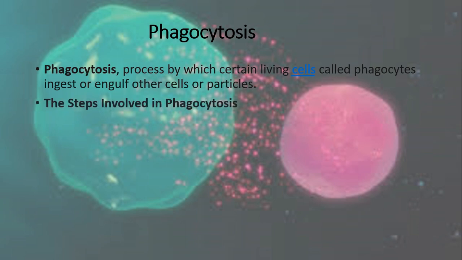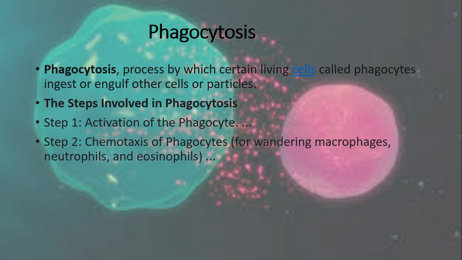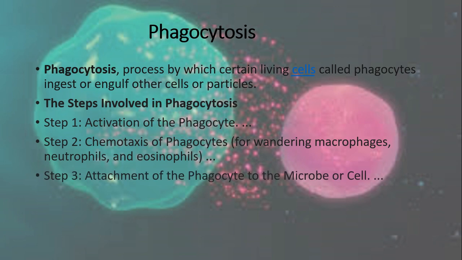The steps involved in phagocytosis are, of course, first of all, the activation of the phagocyte has to take place. Then chemotaxis: wandering macrophages, neutrophils, and eosinophils are attracted, and they extend their false feet, which we call pseudopods, to approach and come closer to the pathogenic agent.